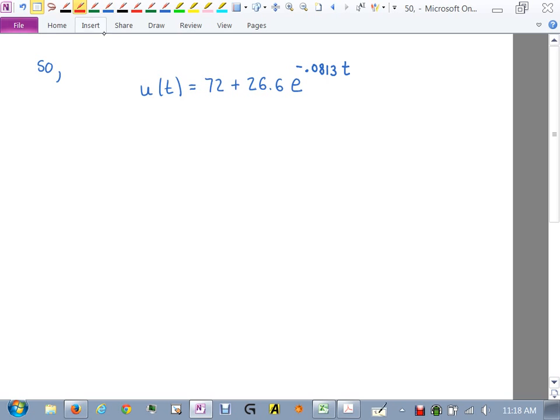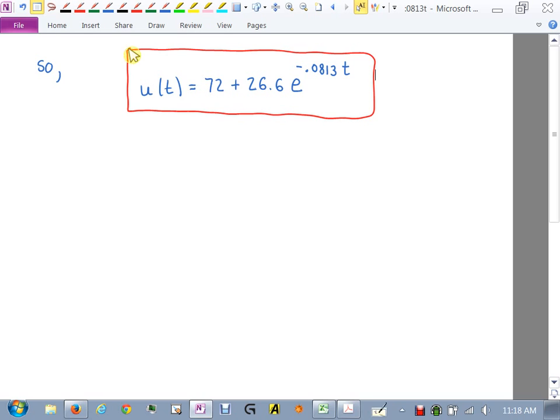This is the function that describes the temperature of the body in this particular room at any point in time. Right? That's what it is. As they're dead, yeah. Who cares, right? They're already dead. So that's it.